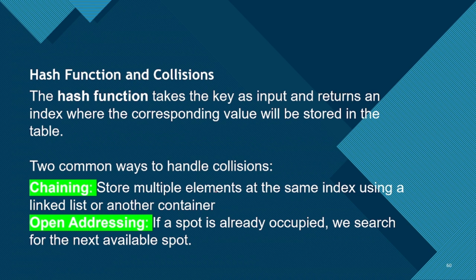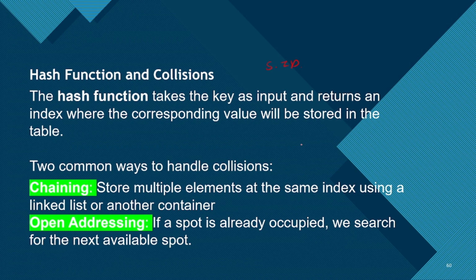It is done by transforming the key into a number. Let's take an example: if we use a key like the student ID, which I write as SID, the hash function could take the modulo of the ID with the size of the table. This helps in determining the exact index for that key in the array.